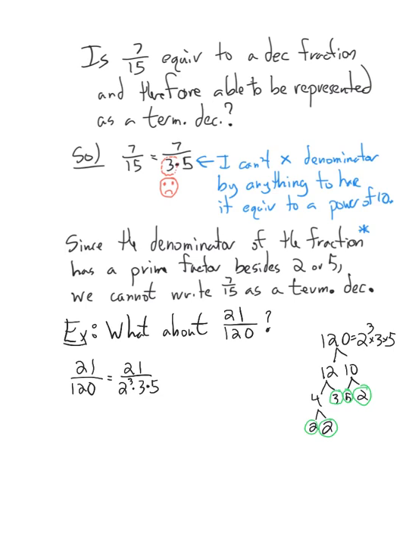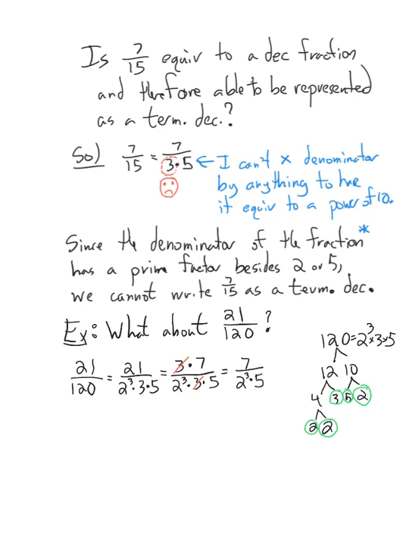But note that 21 is 3 times 7. So we have 3 times 7/2 cubed times 3 times 5. So we can make an equivalent fraction. We can reduce it to lowest terms where that 3 cancels out. So this is the same as 7/2 cubed times 5.